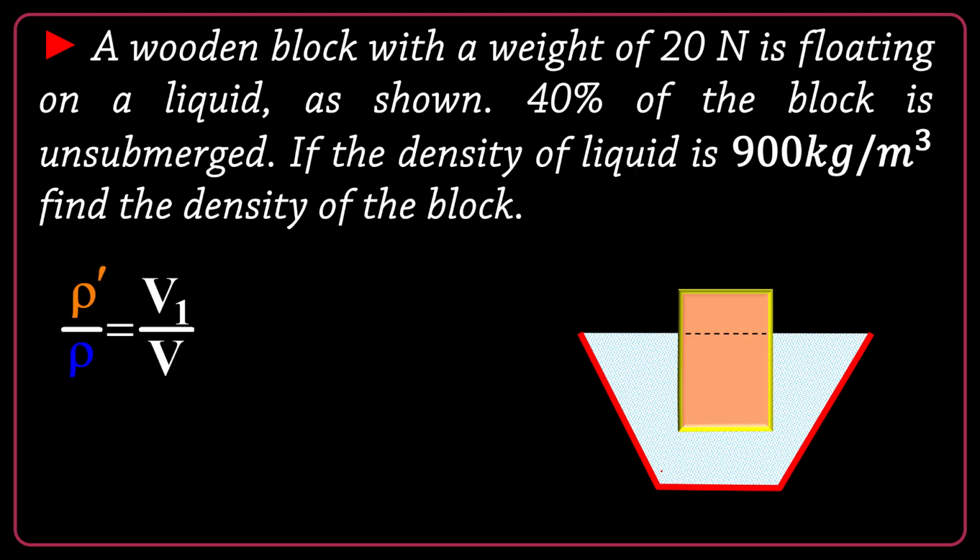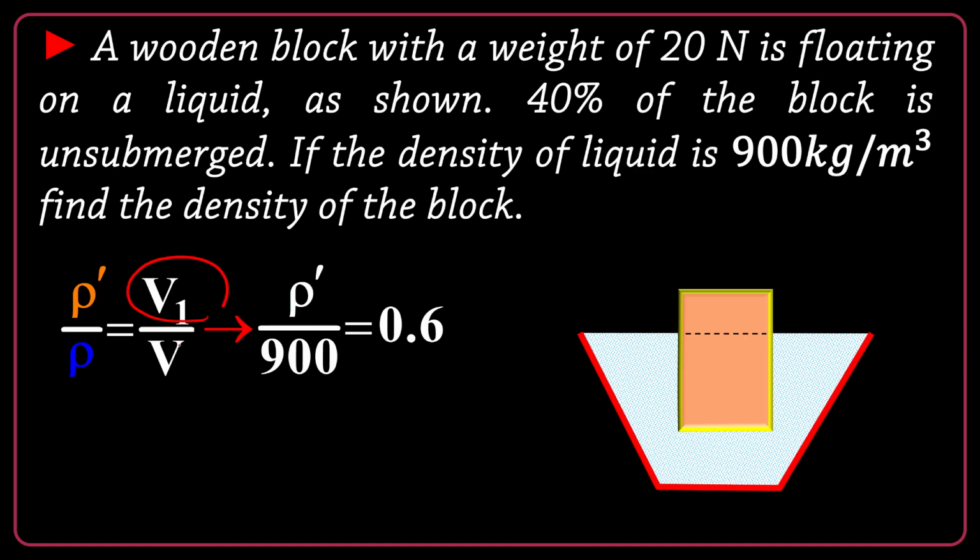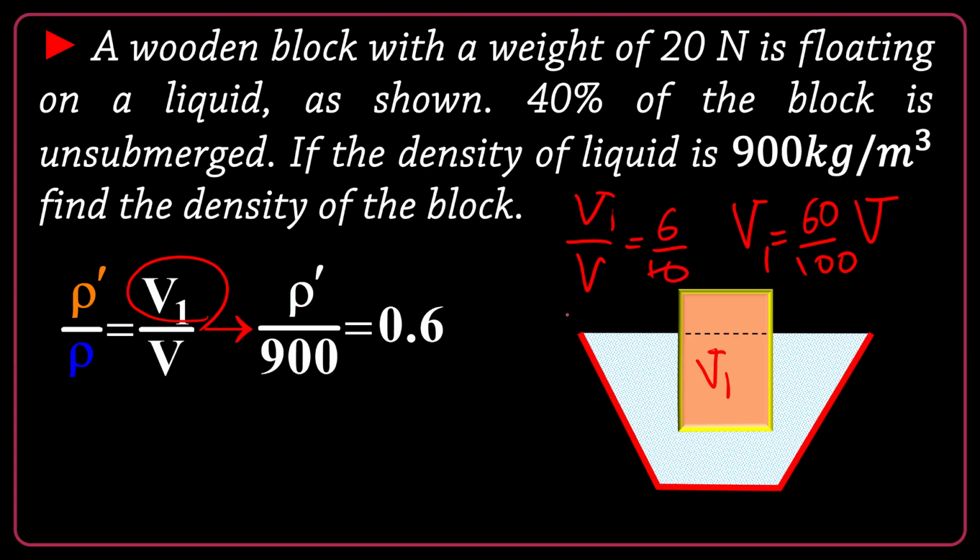Let's use this relation. On the other hand, I know that here the submerged part, V1, has a volume of 60% of the volume of the object. So V1 divided by V is supposed to be 6 over 10. It's very good.